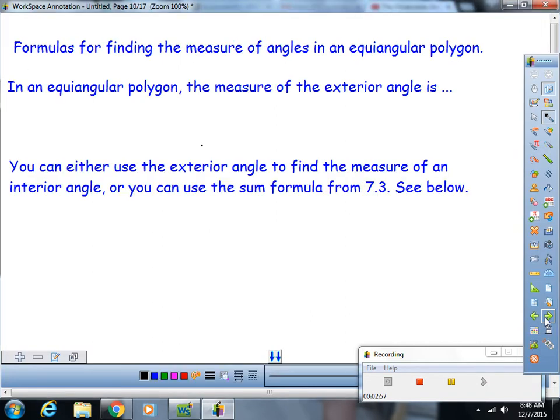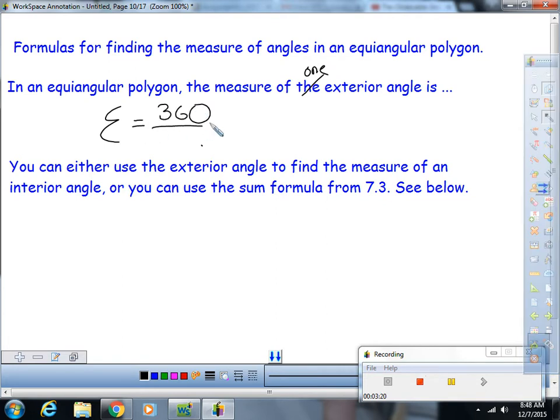In an equiangular polygon, the measure of one exterior angle of a regular polygon is equal to what? 360 divided by n. Excellent.